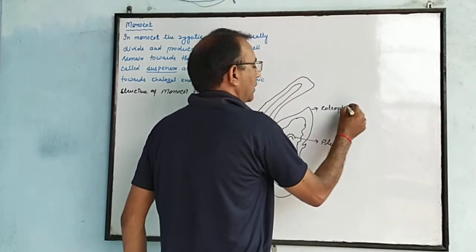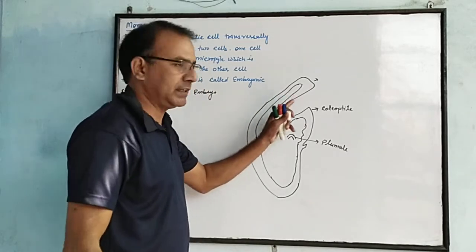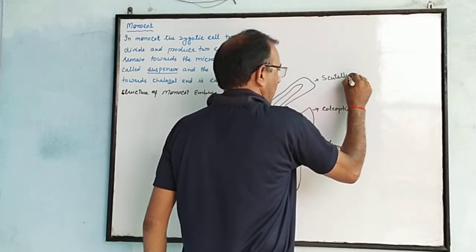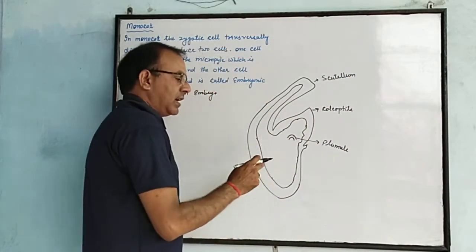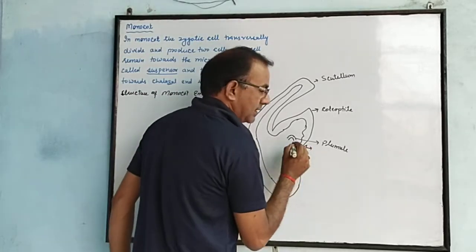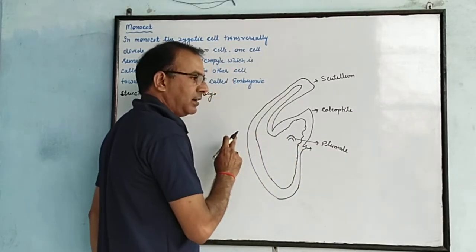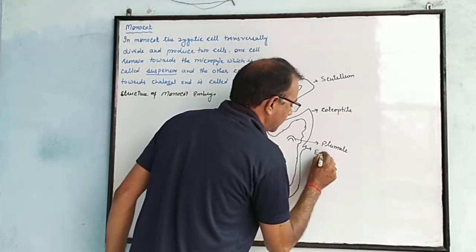In monocot, only a single coat is present, which is known as the scutellum. In some grasses a second coat-like structure can be seen, which is known as the epiblast.